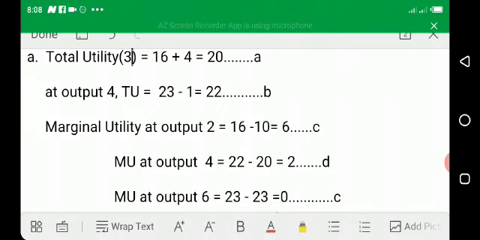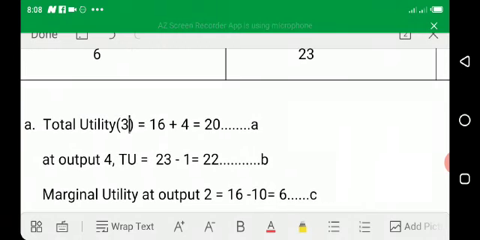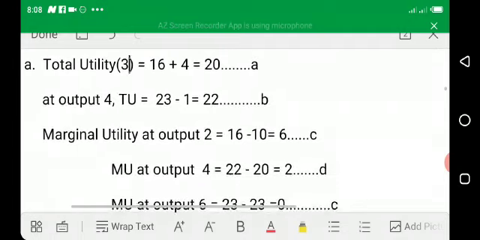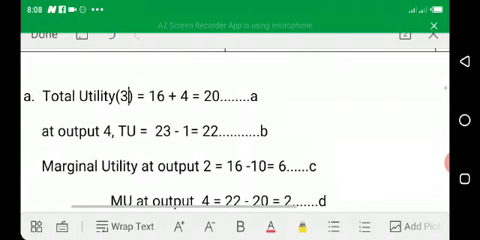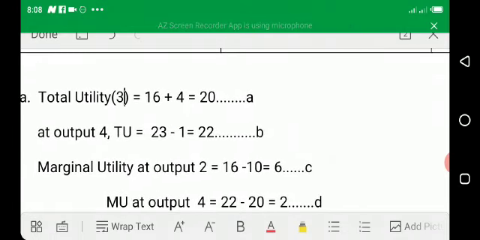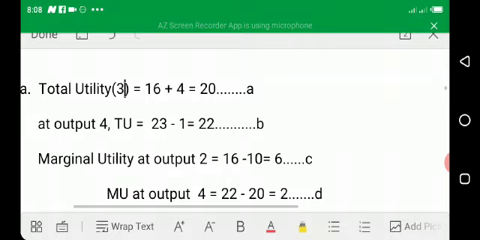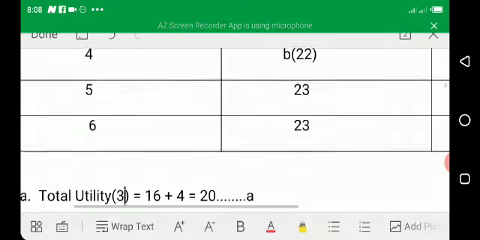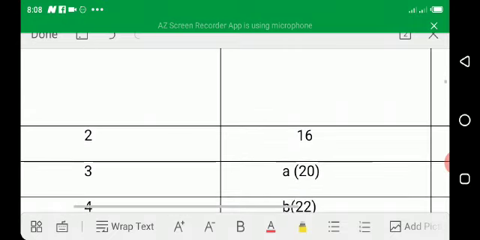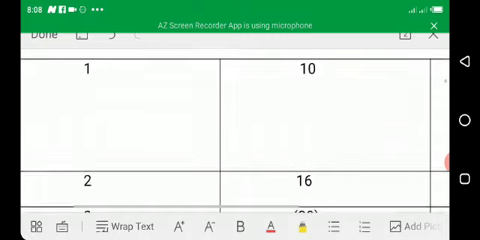The formula for marginal utility says change in total utility all over change in quantity consumed. So marginal utility at output 2 will be total utility at 2 minus total utility at 1.